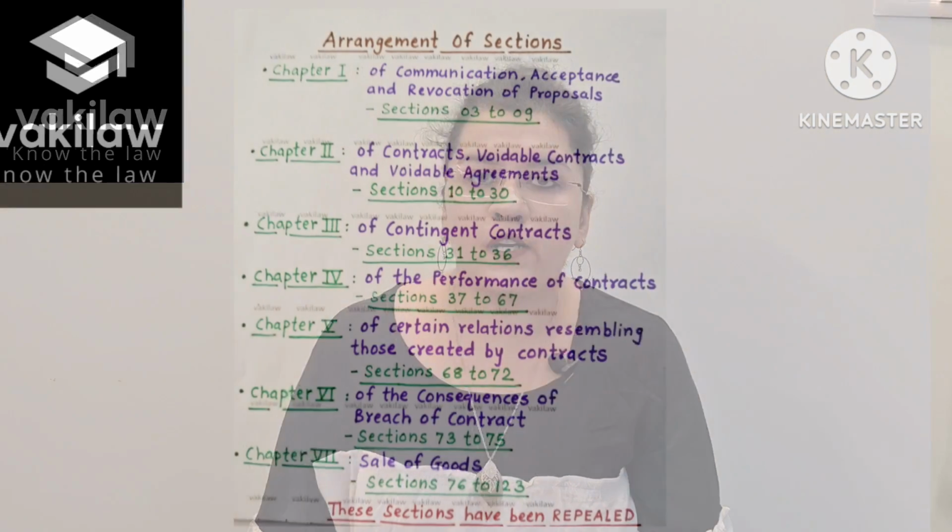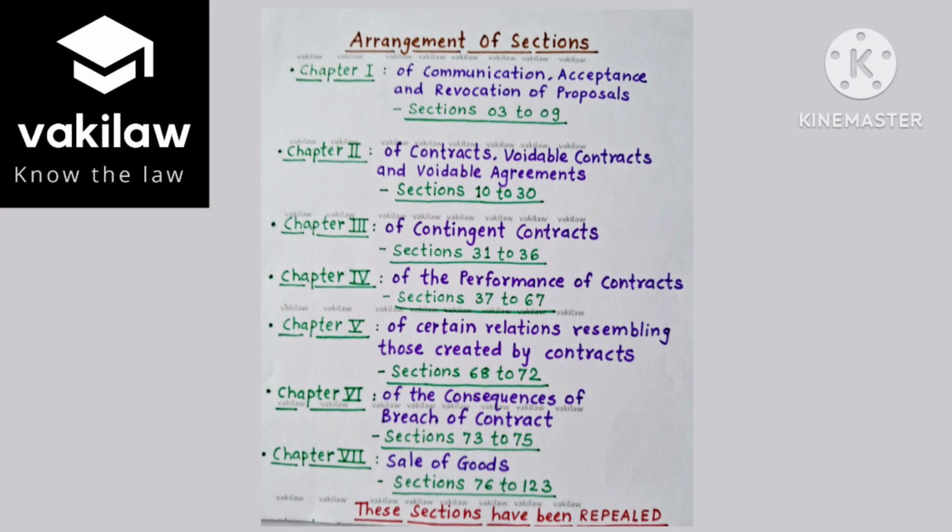The first part is the preliminary part, which includes the short title, extent, commencement and interpretation clause, etc. Chapter 1 deals with communication, acceptance and revocation of proposals, provided under sections 3 to 9 of the Act.